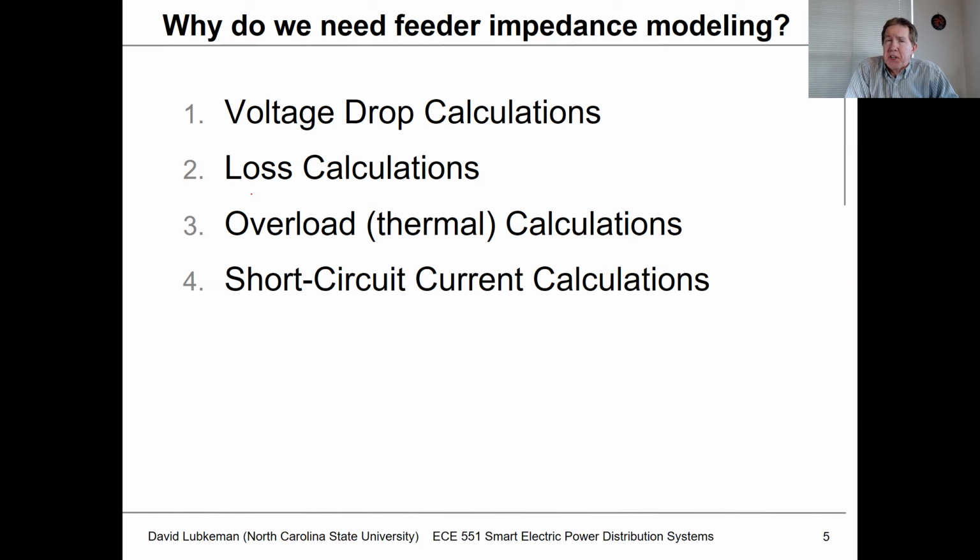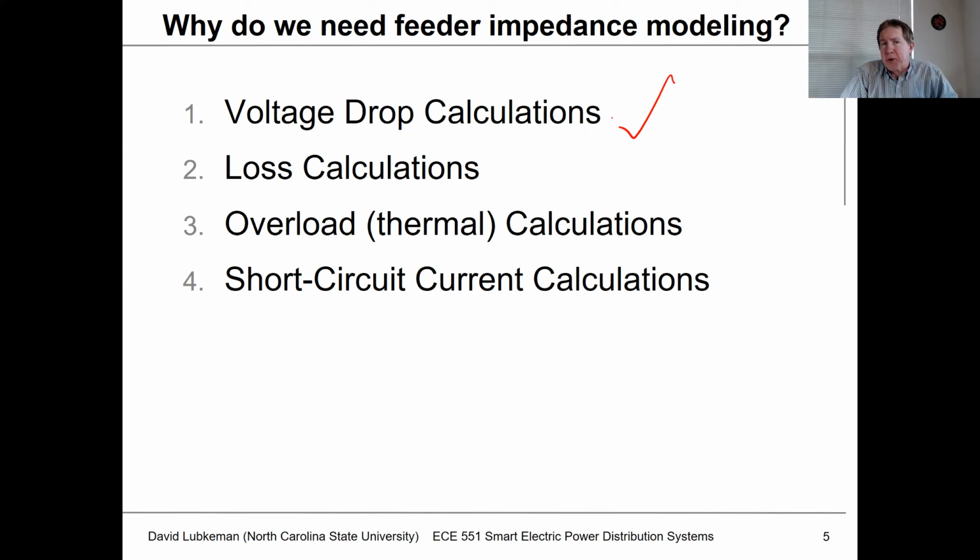Mostly what we're interested in is how the voltage changes going from the substation to the various endpoints up to the transformer. And so we typically focus on what we call the primary voltages. And so a very important thing is to be able to do voltage drop calculations. We want to make sure the voltage doesn't get too low on the primary. And later on, we get into voltage regulation. I'll talk about a voltage budget for how much drop we could afford to have.